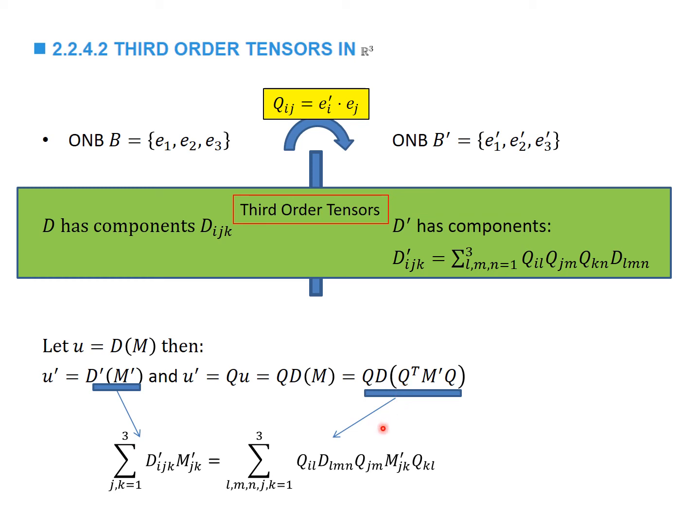On the other side, if we write Q multiplied by D, and D is applied to this matrix, in component form, we're going to get this form. Since M prime is arbitrary, we'll find that this D prime ijk will have to be equal to the sum over l, m, n equal 1 to 3 of these components, which is the desired form.